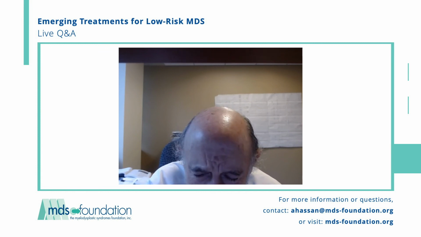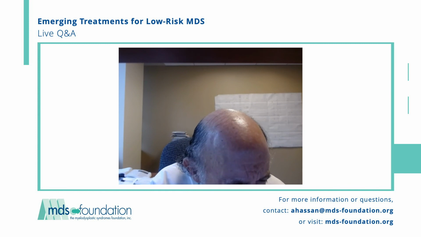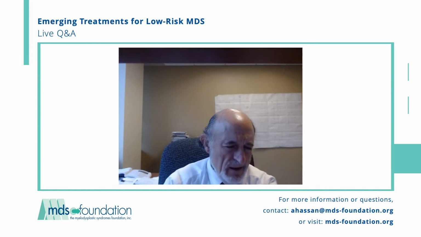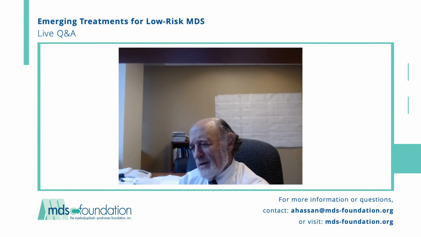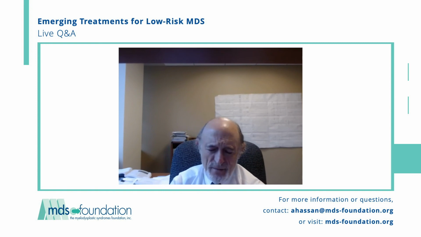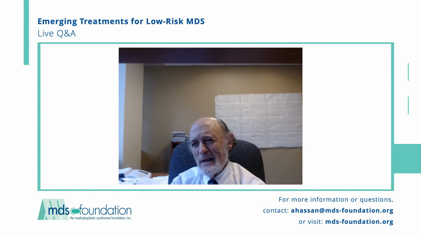There's some other, DNMT3 is another gene that is mutated as we age. So there may be people who harbor mutations but never ever will develop a problem from it.